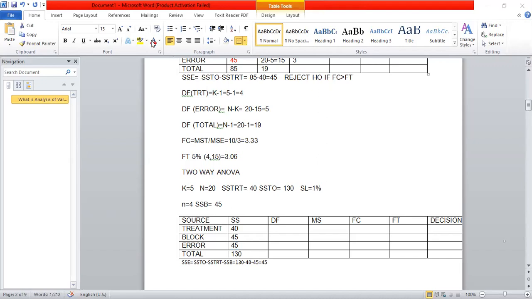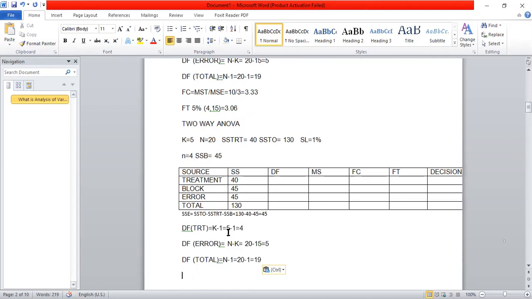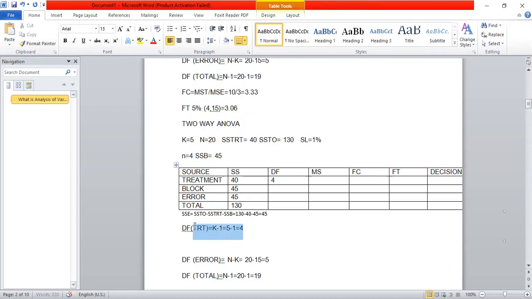Then who remembers what is the degree of freedom for the treatment? K minus 1. K is 5. So 5 minus 1 is 4. What is our degree of freedom for the block?